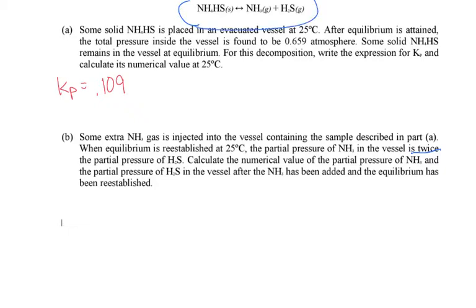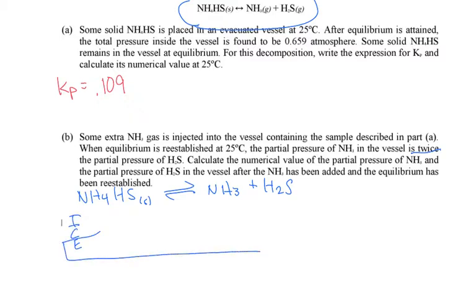So let me rewrite this reaction real quick. I know this is a solid. We have ammonia plus H2S. And so after equilibrium is reestablished, if we have our ICE chart, this is going to be the equilibrium values.